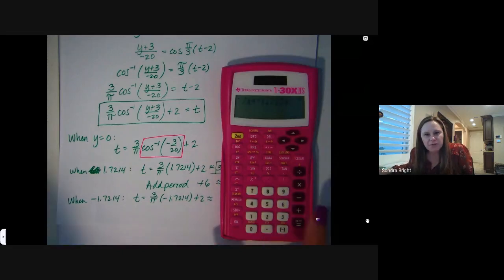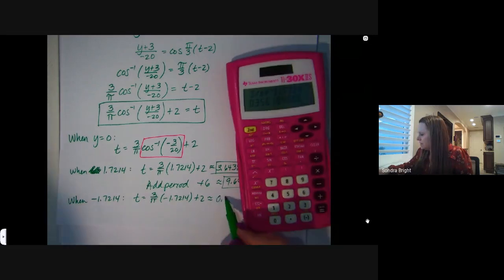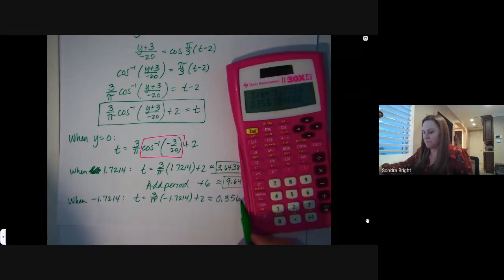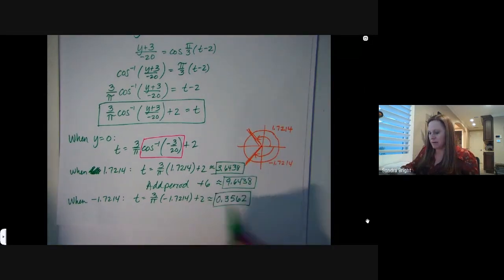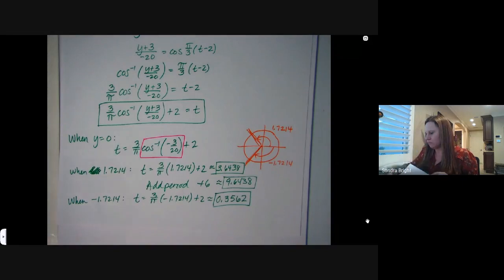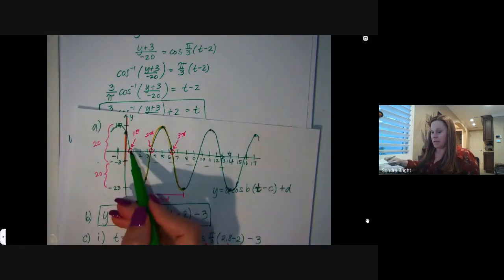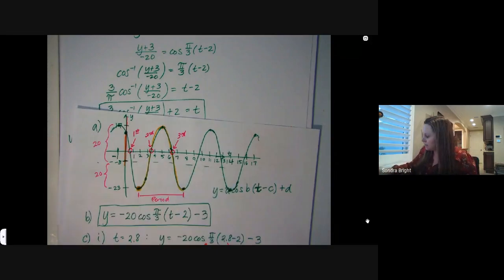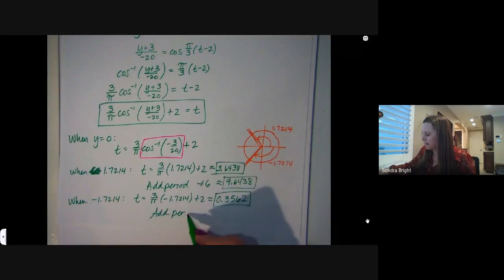And I got 0.3562, rounding. We look back at our picture. That's the first time that he's positive. And then we'll add the period of 6 to this one, and that'll give you 6.3562.